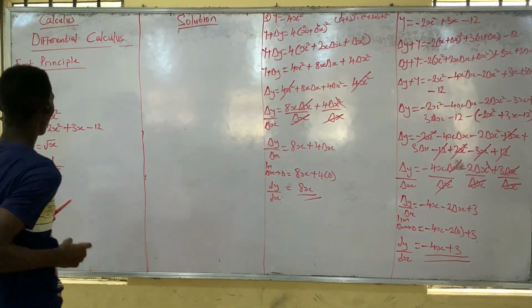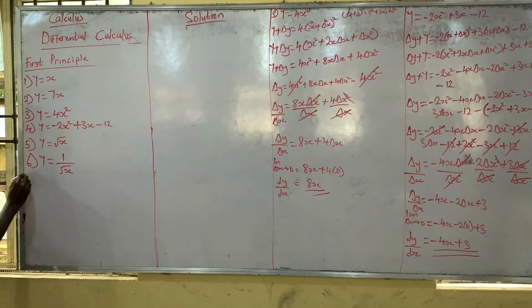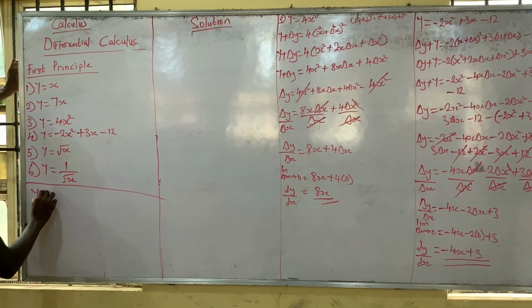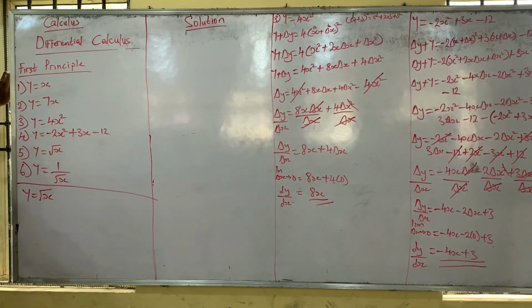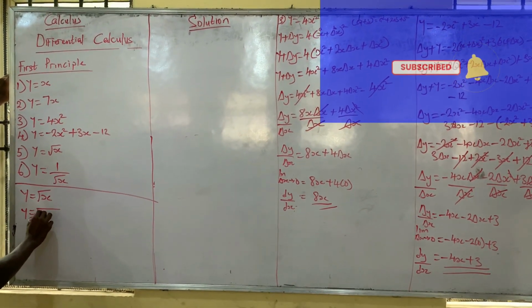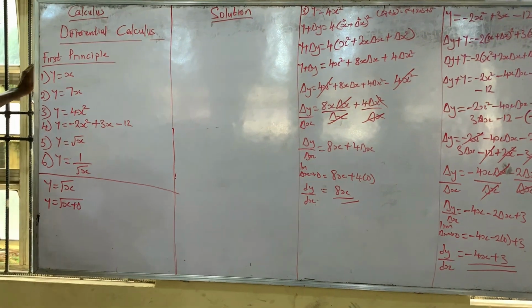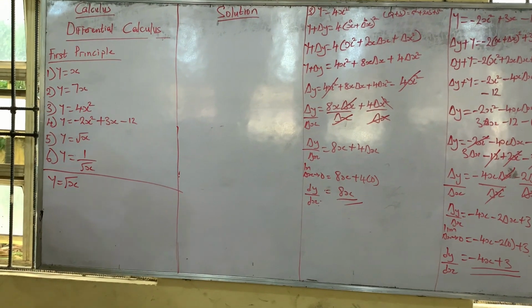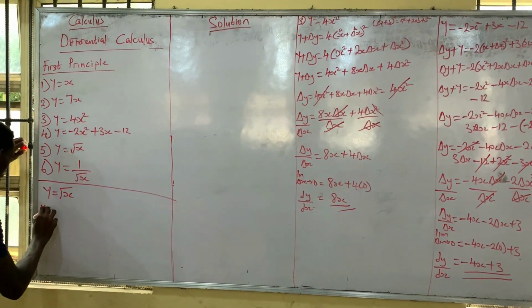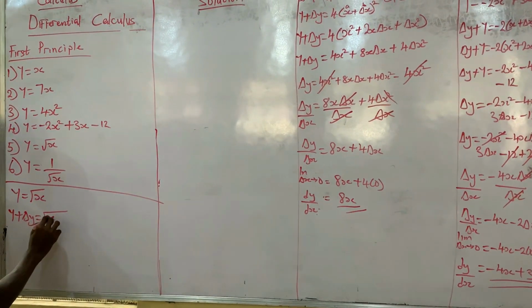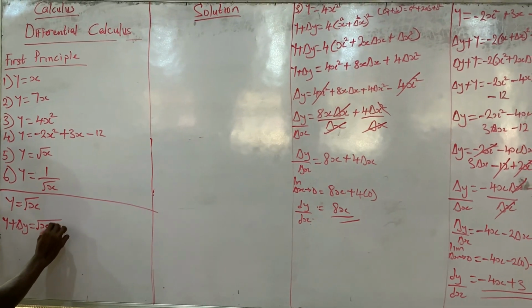Okay, this should be enough. Let me start from here. So now we have our y is equal to what? Root x. So y plus change in y is equal to root x plus change in x.